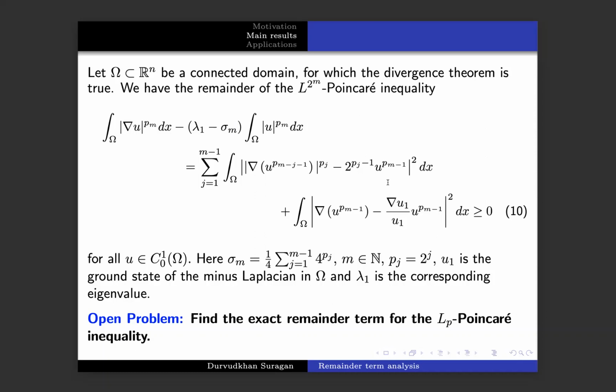Still, our technique gives some information, but of course it's not enough to answer the open question about finding the exact remainder term for the L^p Poincaré inequality. So this problem is still open, but what we have, formula 10, is just some attempt to obtain that remainder formula for the L^p Poincaré inequality.